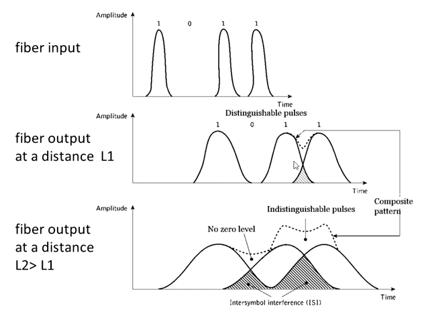Again, as the signal propagates through the fiber, let's say now it is traveling the distance L2, which is much greater than L1, then all three pulses get broadened even more, and you can observe the first pulse and the second pulse now overlap each other, and the second and third pulses overlap even more.